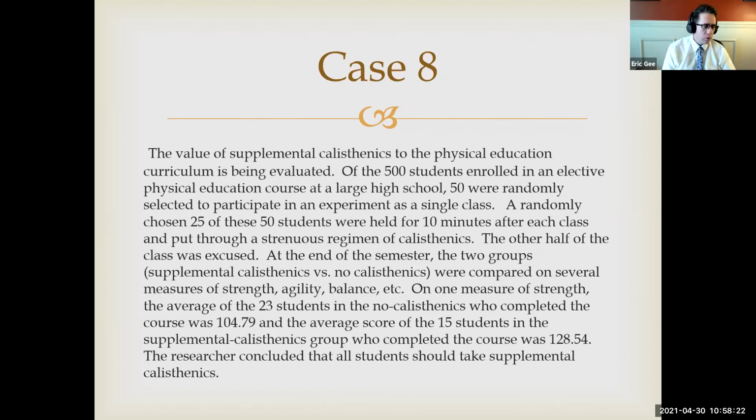The researcher concluded that all students should take supplemental calisthenics. Okay, so if you want a hint here, the hint is the numbers of students in the two groups at the end of the study. The number of students in the two groups at the end of the study is kind of the important key here. All right, let me go ahead and put up that poll again.